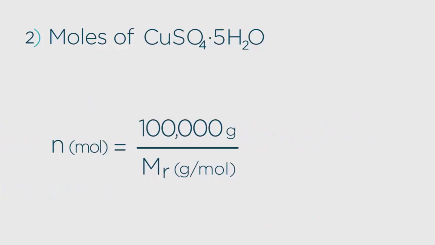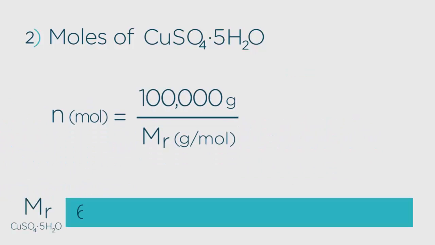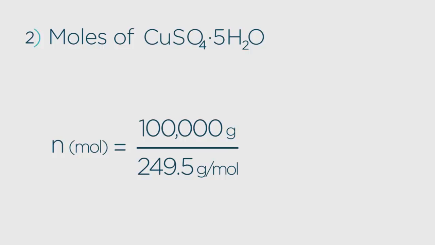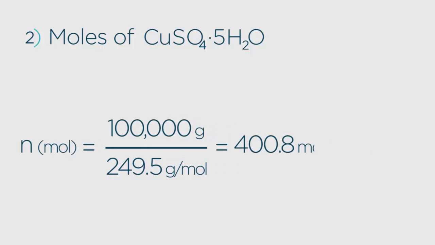Using your periodic table, you can work out that this is 63.5 for the copper atom, plus 32 for the sulfur, 9 times 16 for the oxygens, and 10 times 1 for the hydrogens, altogether making 249.5 grams per mole. 100,000 divided by 249.5 equals 400.8 moles.